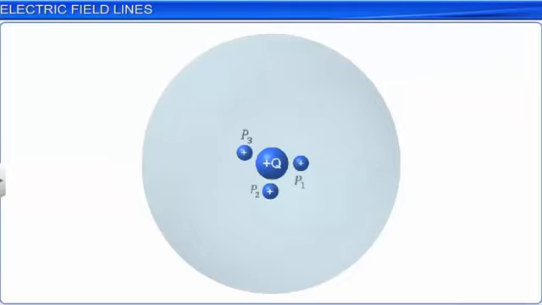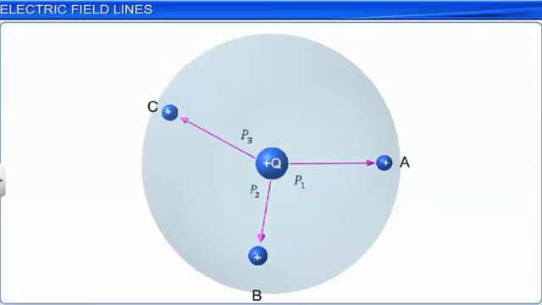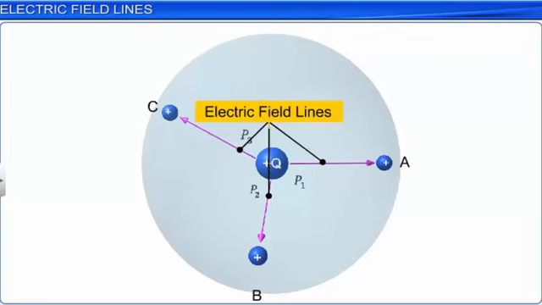Repeating this procedure for various points in the electric field, we obtain the electric field lines around the charge. Electric field lines are used to represent the electric field of a charge or a system of charges pictorially.